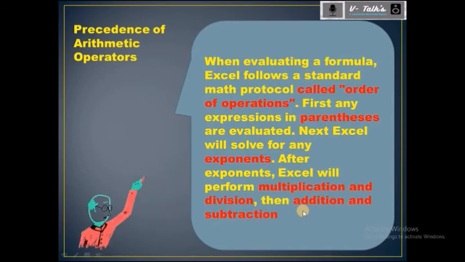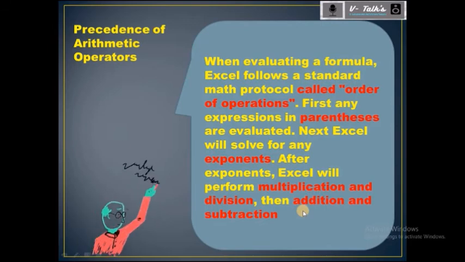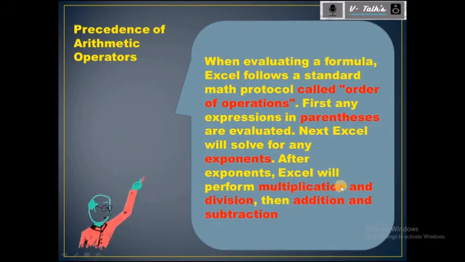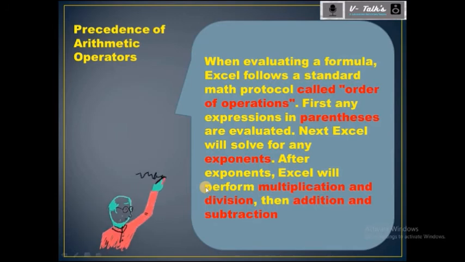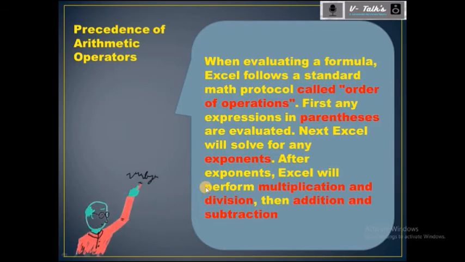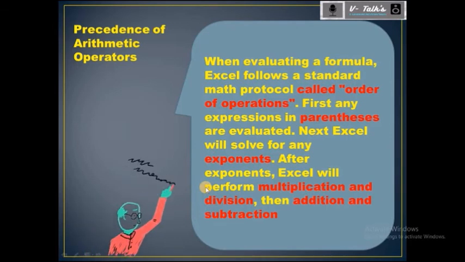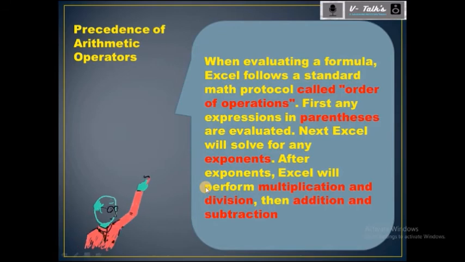Or 5 minus 3 plus 1: minus will happen first, then plus. And for multiplication, for example 5 into 3 divided by 2, what will happen first? Multiplication will happen first: 5 into 3, then divided by 2. So this is the precedence or the order of arithmetic operation.